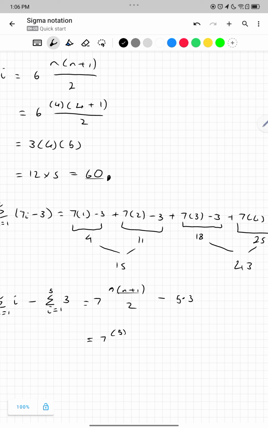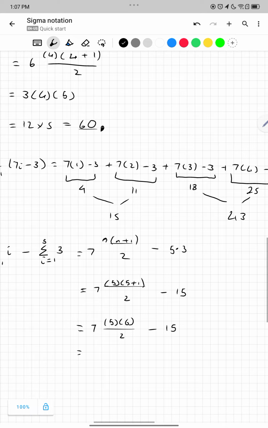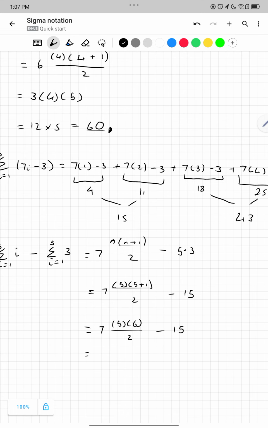Which is going to be equal to 7 times 5 times 5 plus 1 over 2 minus 15, which is equal to 7 times 5 times 6 over 2 minus 15, which is equal to 30 divided by 2 is 15.